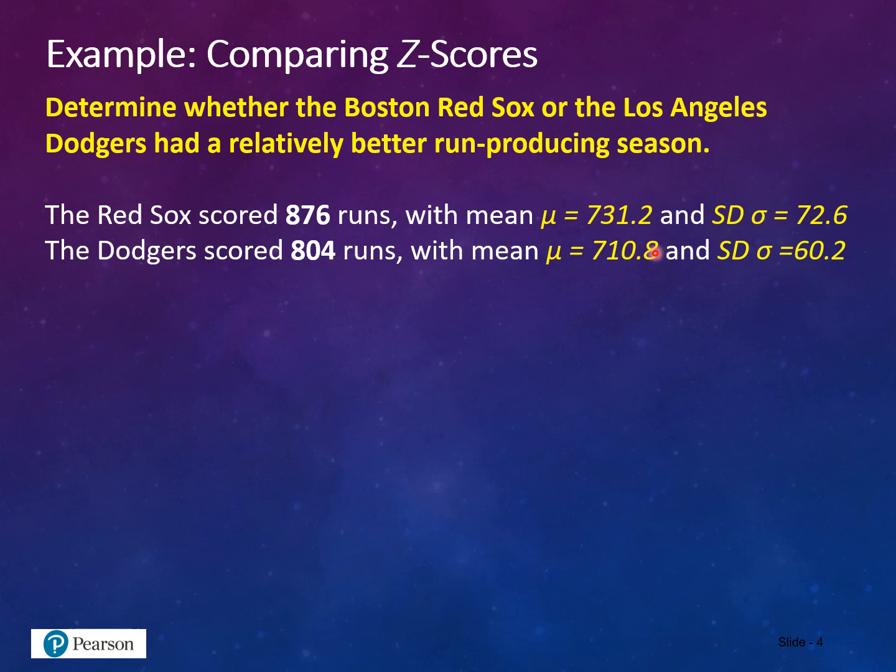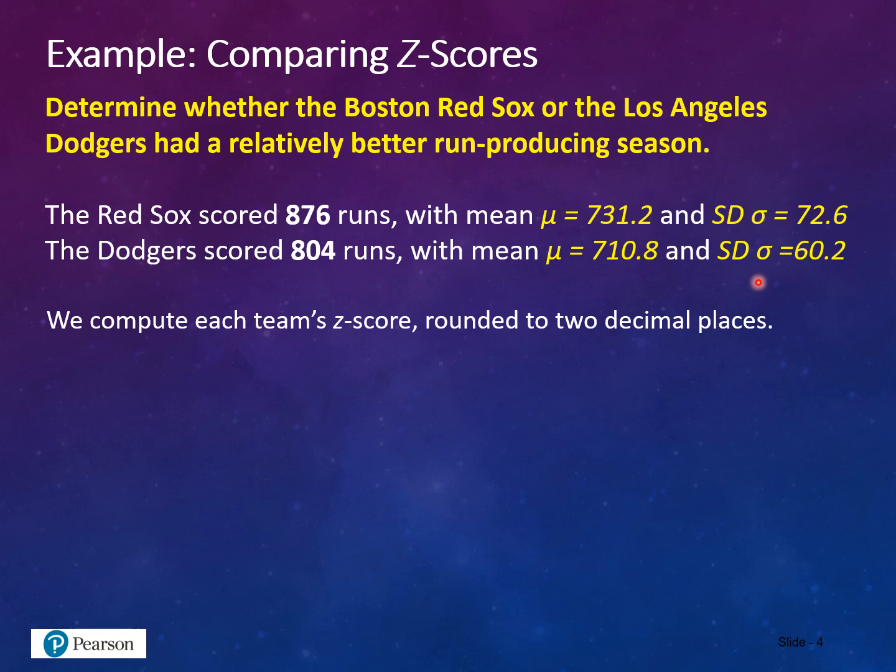And then here we're given the measures of the mean, 731.2, and the standard deviation, 72.6 for the Dodgers, and 710.8 and 60.2 for the standard deviation.